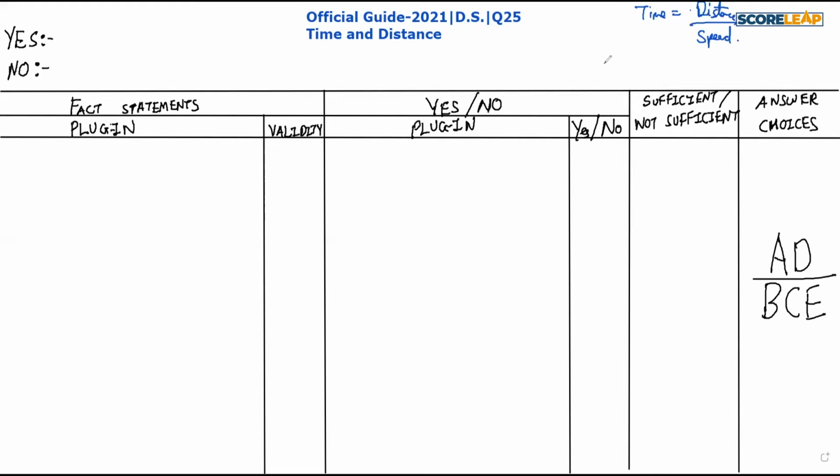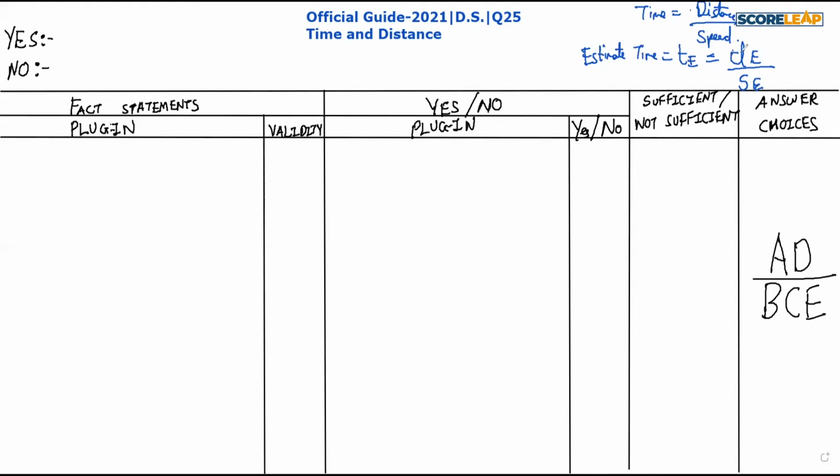But here, Joanne is calculating estimated time. Let us denote it as TE, and we are getting it by dividing estimated distance, which let us take as DE, by estimated average speed, SE.